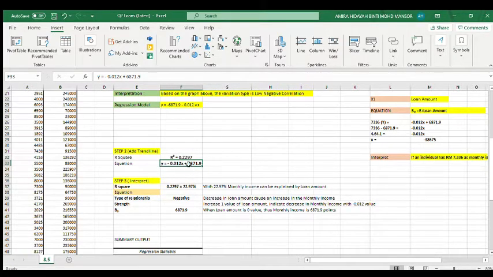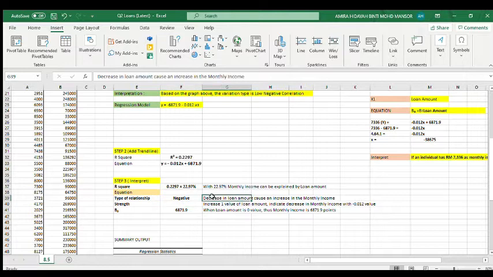Next we take again 0.2097. At this point we convert it to a percentage, so we put here 20.97%. Monthly income can be explained by loan amount. You put here negative, you put here 6871.9.